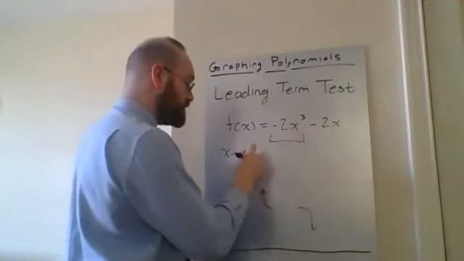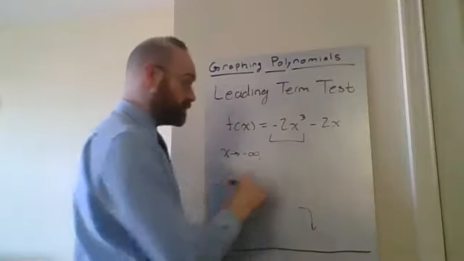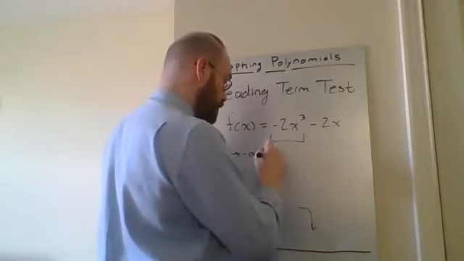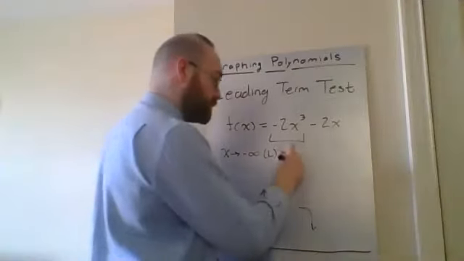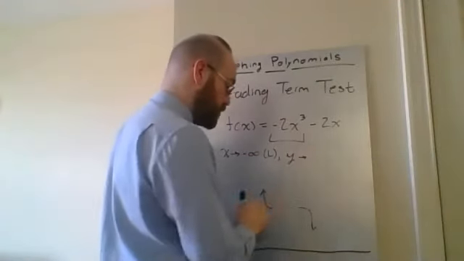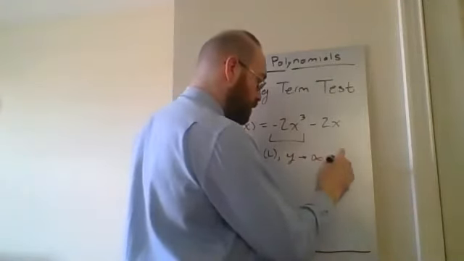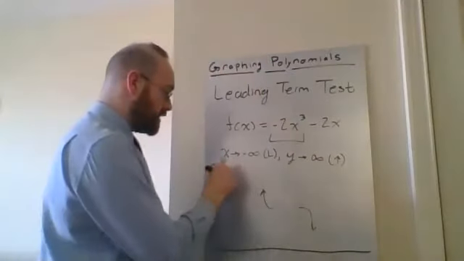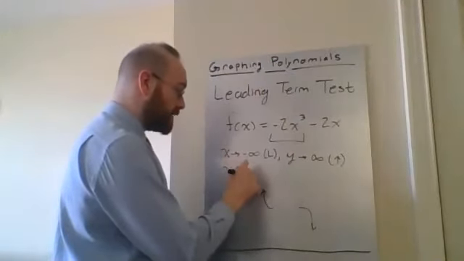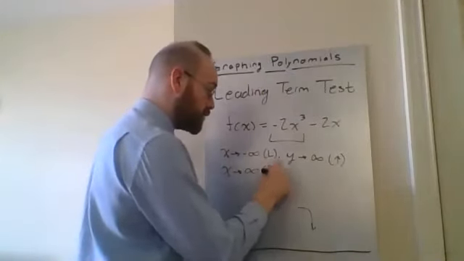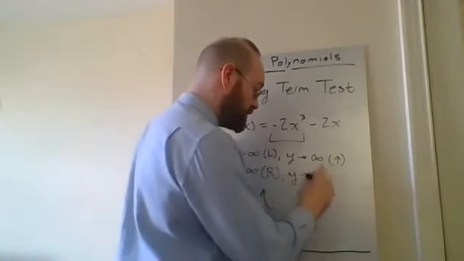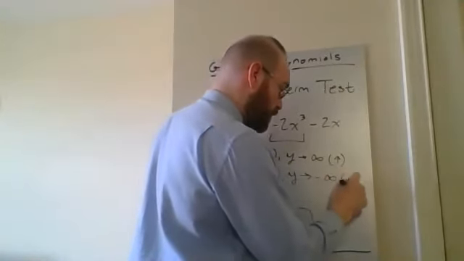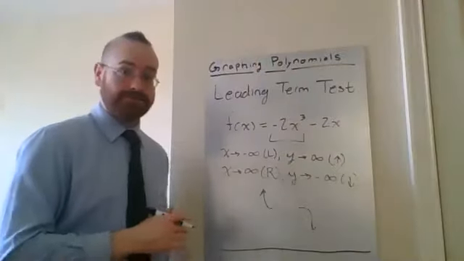X approaches negative infinity, that means left. So as x approaches negative infinity, y approaches positive infinity. And then as x approaches positive infinity, this is our right side, y approaches negative infinity, which is the arrow pointing down.